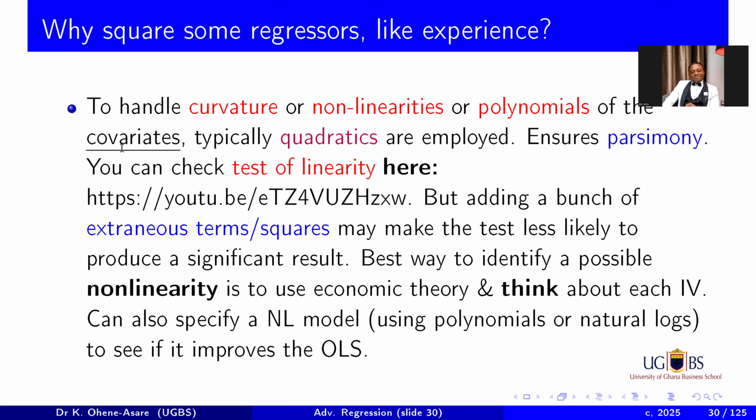And as a coach, he's probably not earning more than when he was a player at his peak. So there is that kind of diminishing marginal returns to experience, and that is why some variables are squared. This introduces nonlinearity, a parabola or polynomials, into the data. But it also ensures that there is parsimony.